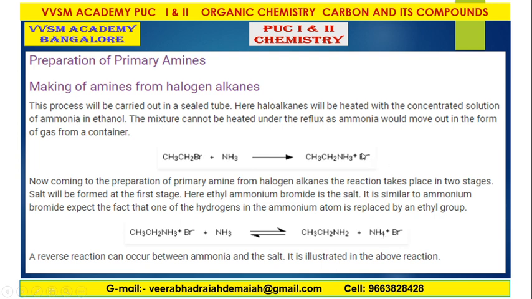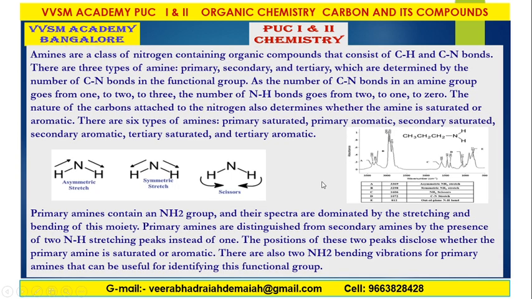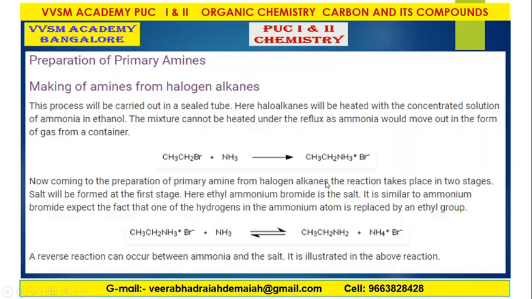The net reaction: ethyl ammonium bromide on both sides gets cancelled, and with two molecules of ethyl bromide, if you add up these things, you will get ethylamine and ammonium bromide. A reverse reaction can occur between ammonia and the salt, as illustrated in the above reaction. It is a reversible reaction.